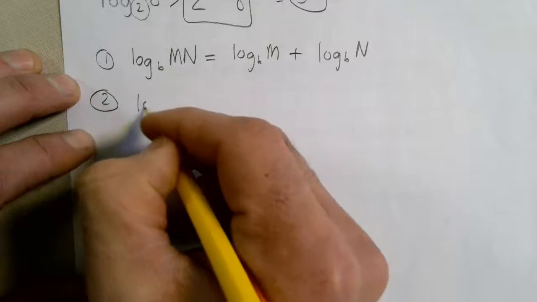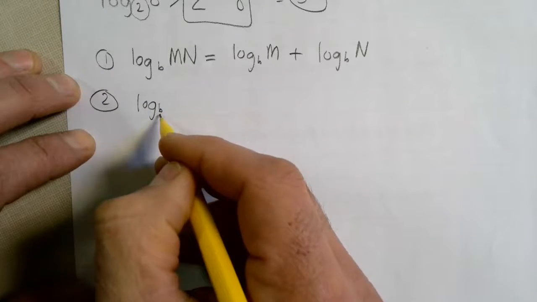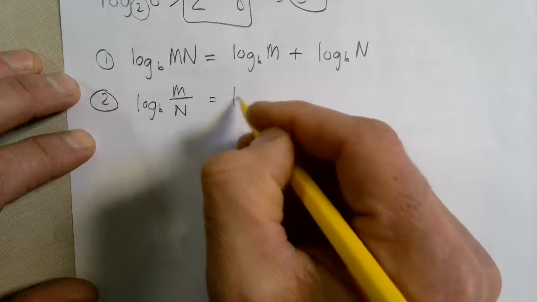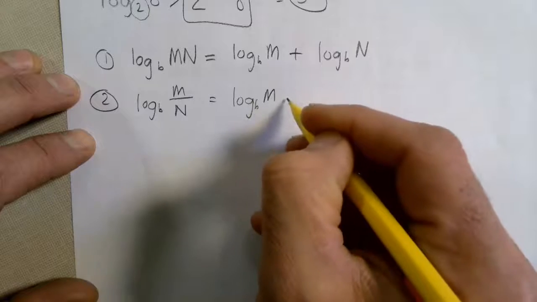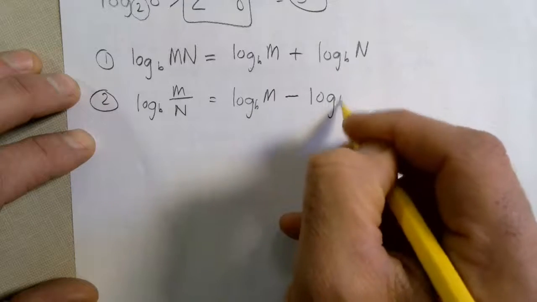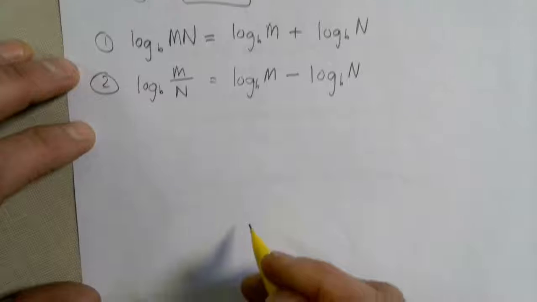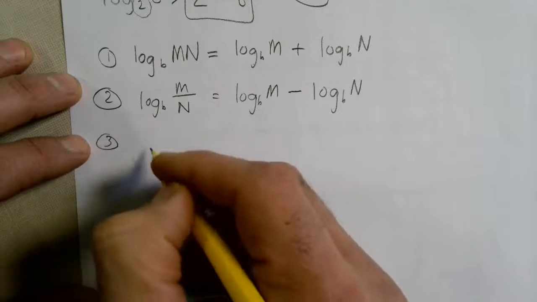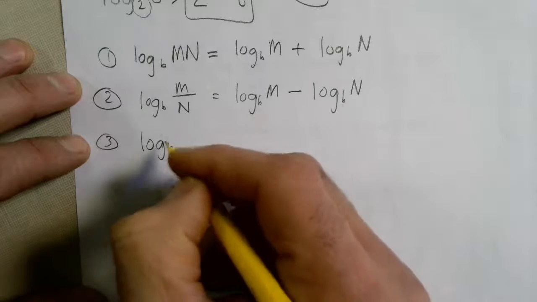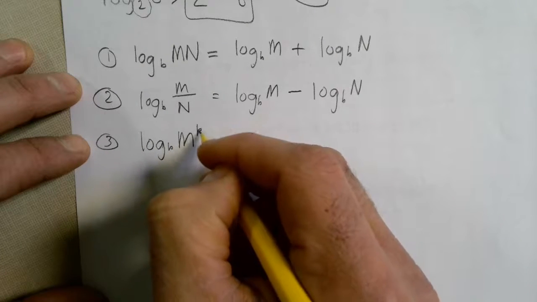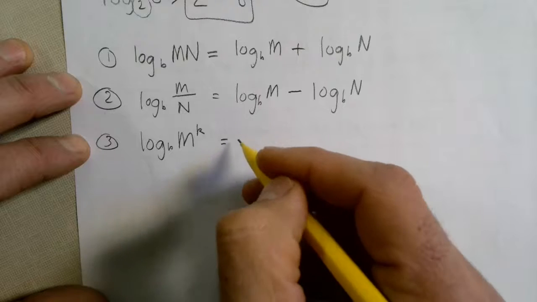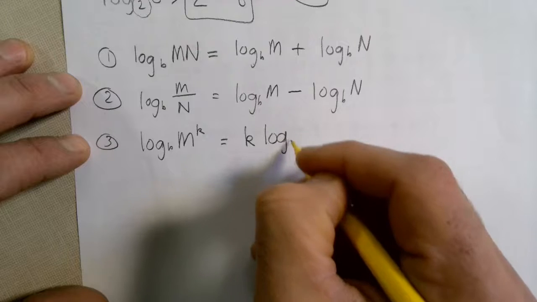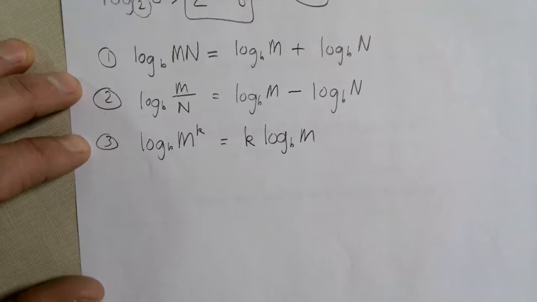The second law: whenever you have a log with a given base and one number divided by another number, it's equal to the log of the first number minus the log of the second number. The third law: when you have the log with a given base of one number raised to another power, it's the same as that power times the log of the number by itself.